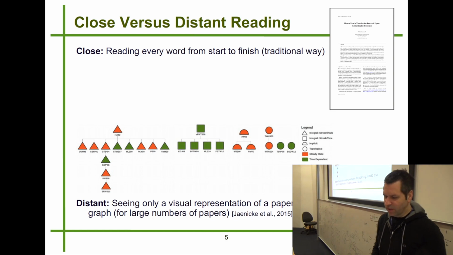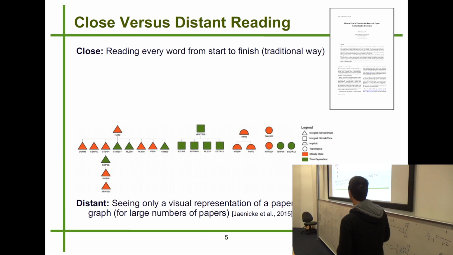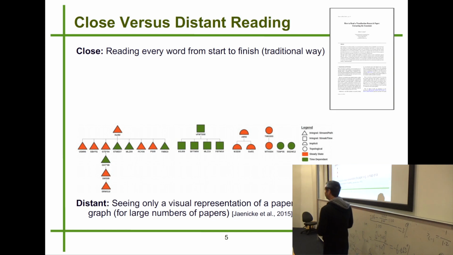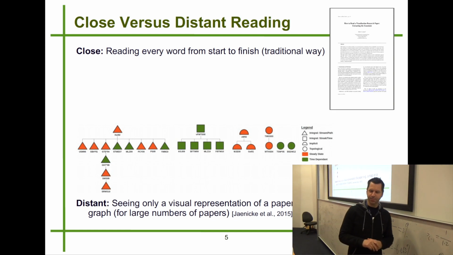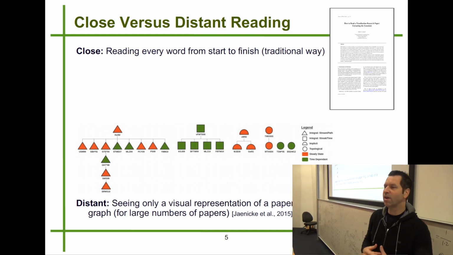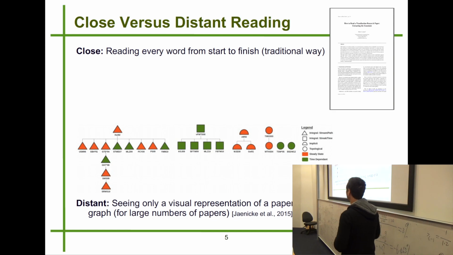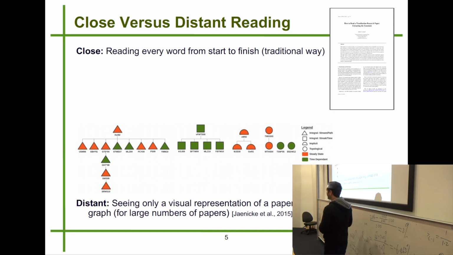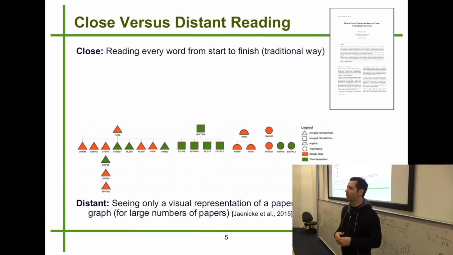This is kind of just for fun in some ways. This is not absolutely critical, this close versus distant reading. But there exists a notion of close versus distant reading. Now, close reading is something you're already familiar with.